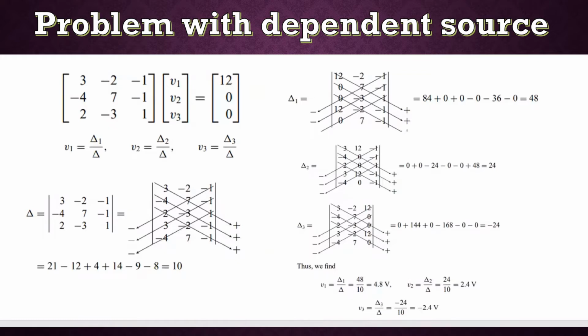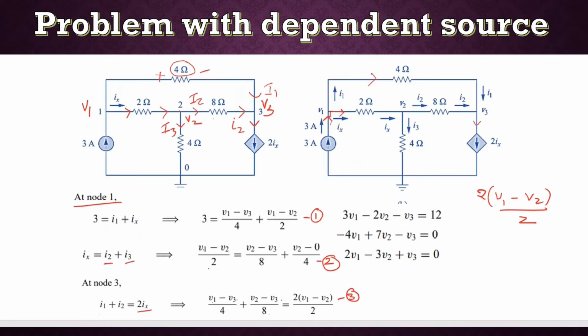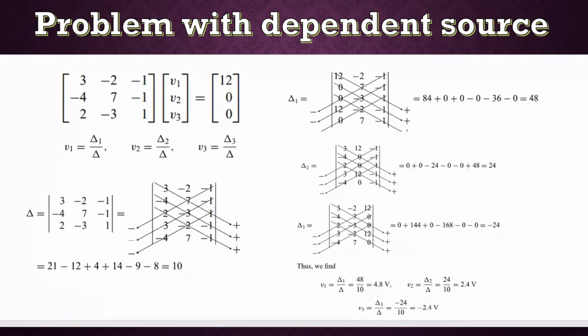The three equations' coefficients are 3, -2, -1, -4, 7, -1, 2, -3, 1. So that coefficient matrix is written here. V1, V2, V3 are given, and the constants are 12, 0, 0. Now I'm going to tell you a simpler method to solve this type of equations.